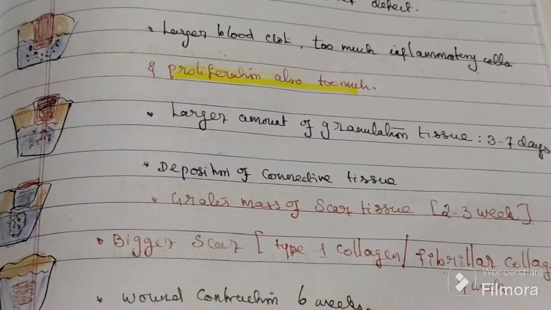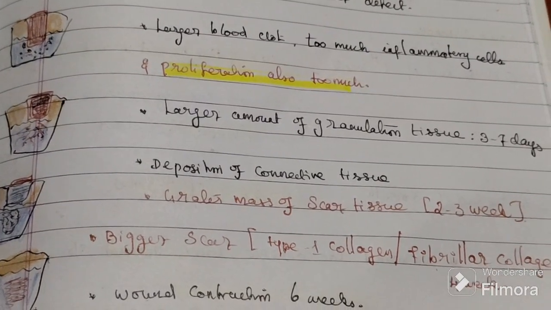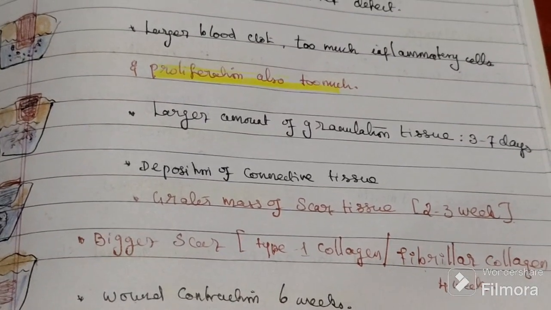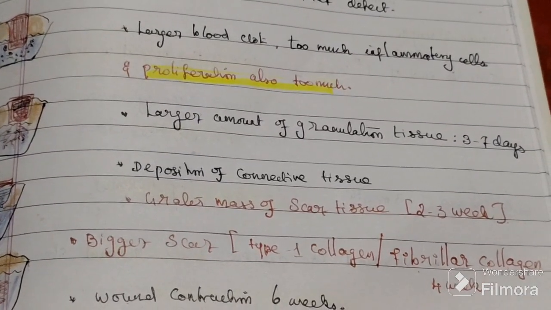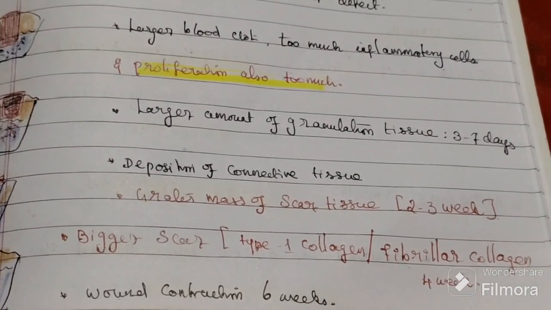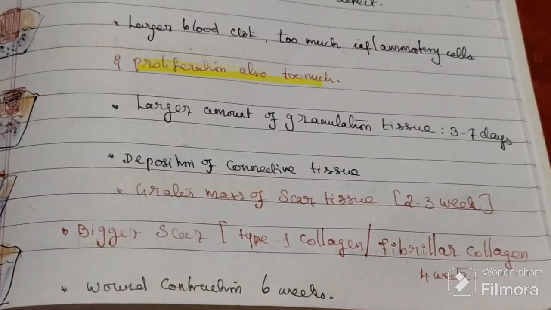They start contracting the wound, so that is what is called wound contraction. You can easily make out that there is a depression on the surface of the wound. So this is what happens in wound healing by secondary intention.